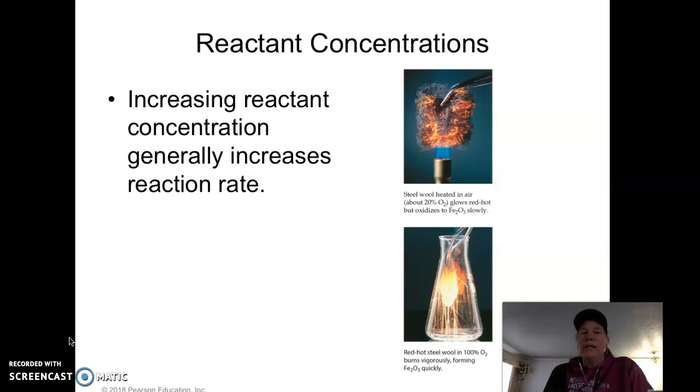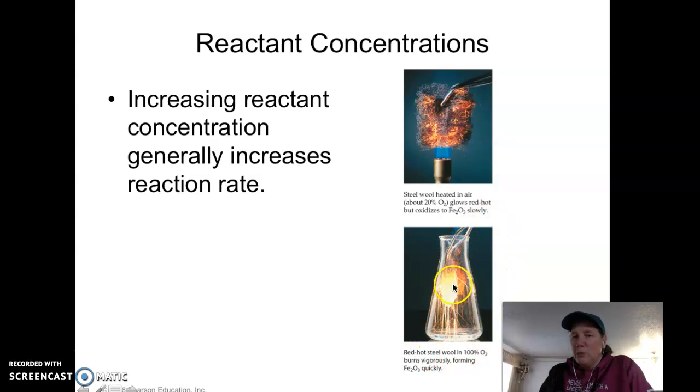Okay, another one is increasing reactant concentration. When you increase your concentration, you're going to increase your reaction rate up to a point. There's a point where it's saturated and you can't make it go any faster. Here they're showing steel wool heated in air, about 20% oxygen. Okay, here it is in 100% oxygen.